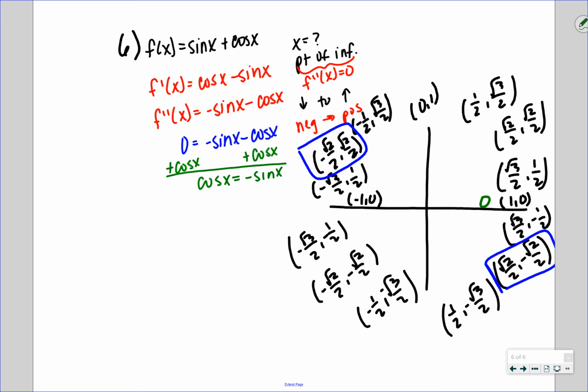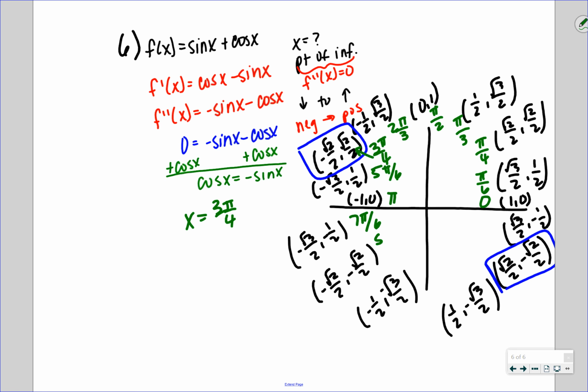This is 0, pi over 6, pi over 4, pi over 3, pi over 2. This is 2 pi over 3. This is 3 pi over 4. So that's one of my answers. This is 5 pi over 6. This is pi. 7 pi over 6.